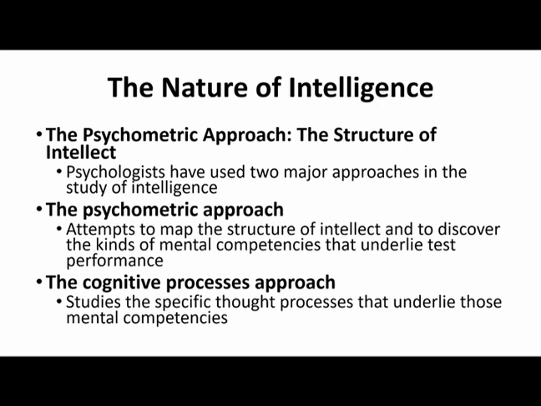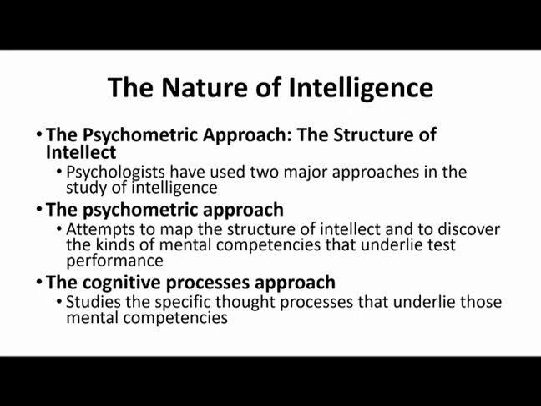Now, psychometrics is the study of psychological tests. So when we're looking at the psychometric approach to understanding intelligence, this approach is trying to identify and measure the abilities that underlie individual differences in performance. Basically saying, can we use our psychological tests to try and map out the structure of how our intelligence works?